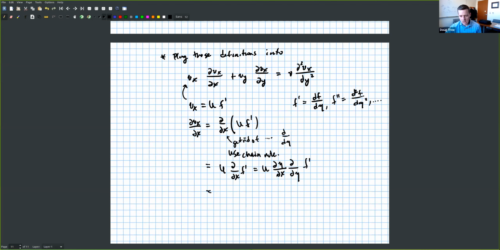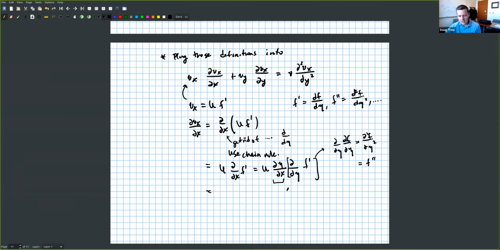So this is my chain rule. I'm expanding that x derivative to be the eta derivative, right? So I do d eta dx d eta. And so now this d eta of f prime, well, that's just d eta of df d eta. That's the second derivative of f with respect to eta, or f double prime.